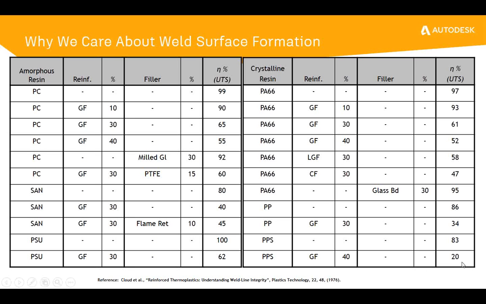That material only has 20%, 1/5 of the strength of the neat material versus at a weld surface. So this is why it becomes so important to account for weld surfaces when we're doing our stress analysis or strength analysis, because of these factors that we need to apply that reduce the strength of our material at those points.